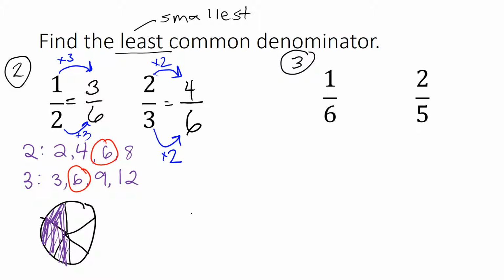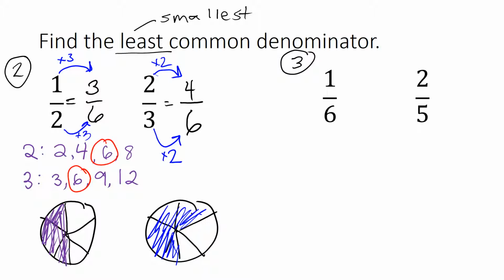So if I draw the same circle and divide it into 6 again, 2/3 will be the same as 4/6. And if I was to divide it into thirds, do it like this, you can see that would be 2 of my thirds. So those are the same denominators, common denominator, or they're the equivalent fractions to the first fraction.